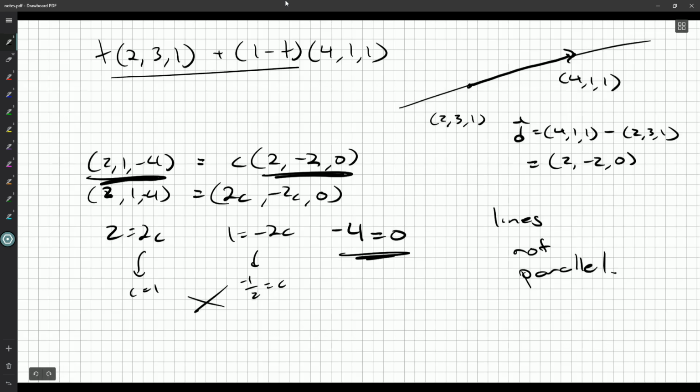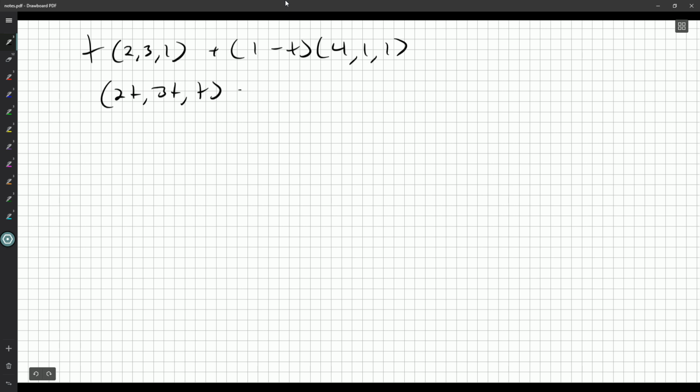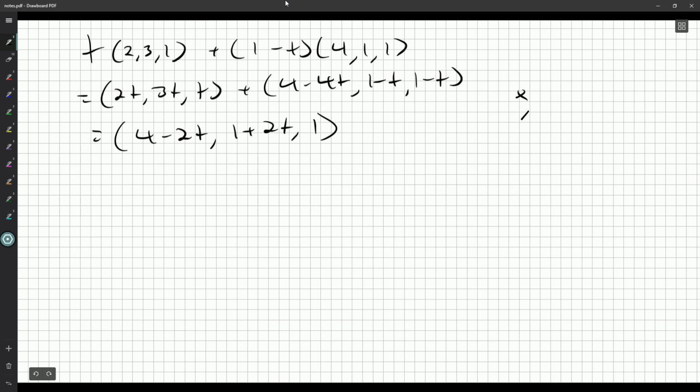So we could take the 2-point form we got here and expand it out: (4, 1, 1) plus t times (-2, 2, 0), which gives 4 minus 2t, 1 plus 2t, and just 1. So for the line that we were given 2 points for, we can get a parametric form.